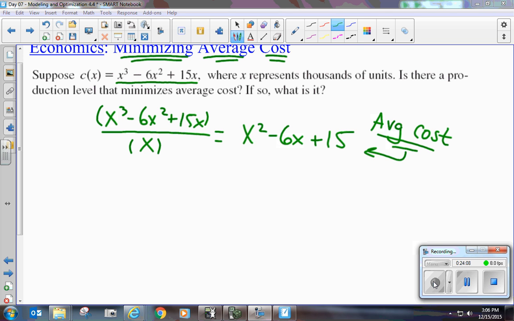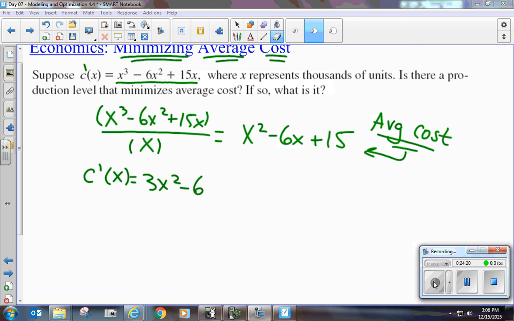Well, to minimize or maximize costs, that's the derivative, right? C prime. And we know that the derivative of cost is 3x squared minus 12x plus 15. That is just the derivative of this. Okay?